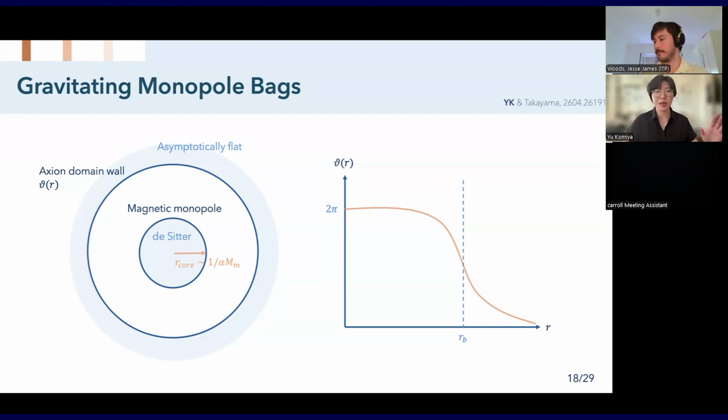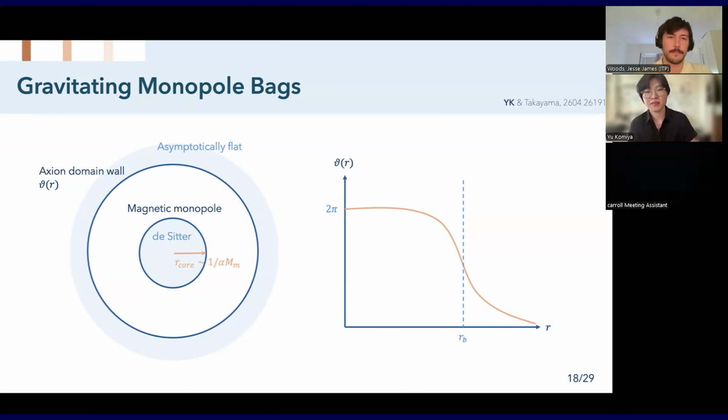Maybe it is confusing that I'm picking these specific values at the center and at infinity, but that is a consequence of the shift symmetry inherent to the axion theory. I can pick this to be 0 and that to be 2 pi, or this to be 2 pi and that to be 4 pi, and the physics would not change. It would change the shape of the curves on the graph, but the physics should be general. I see. Okay.